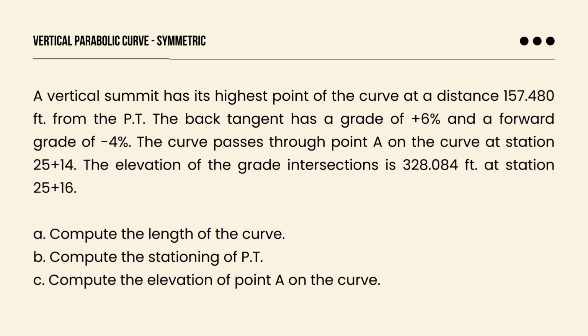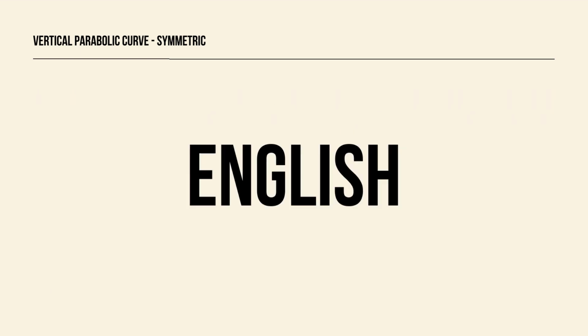The curve passes through point A on the curve at station 25 and 14. The elevation of the grade intersections is 328.084 feet at station 25 and 16. A. Compute the length of the curve. B. Compute the stationing of PT. And C. Compute the elevation of point A on the curve.